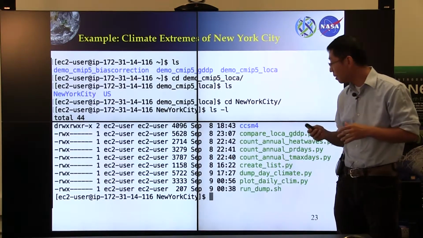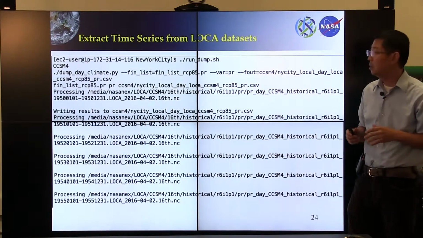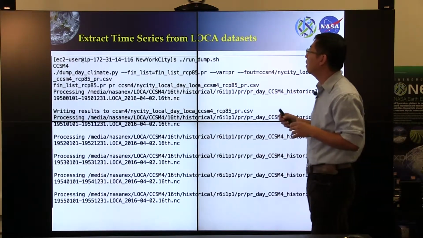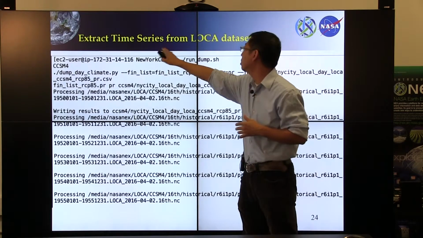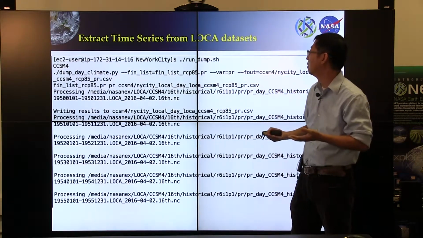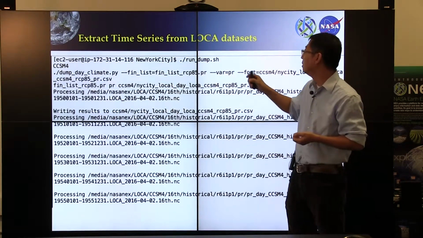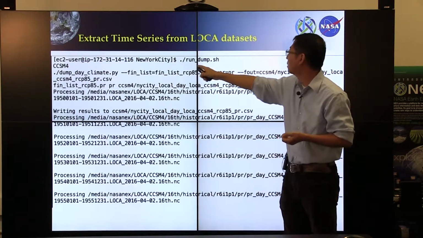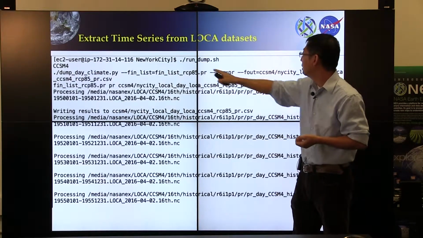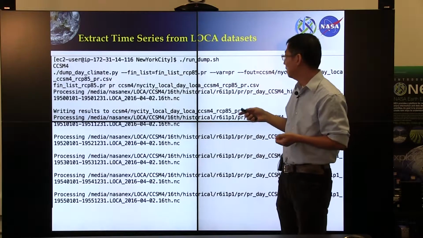All right. The first topic is how we are going to extract a time series from the LOCA dataset for this particular place, New York City. The way is to run this shell script called run_dump.